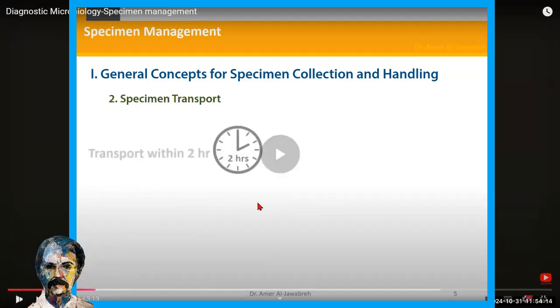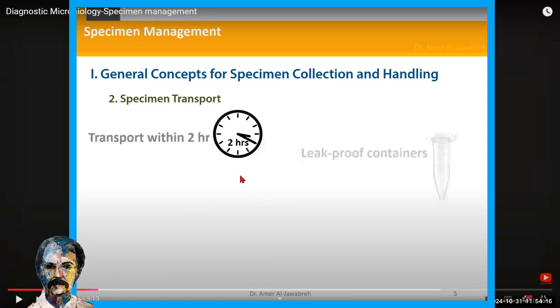Specimen transport. Look, transport within 2 hours. But here I must say something: in the 15th edition of this book, they said that urine should be transported within half an hour. They made the time window smaller.